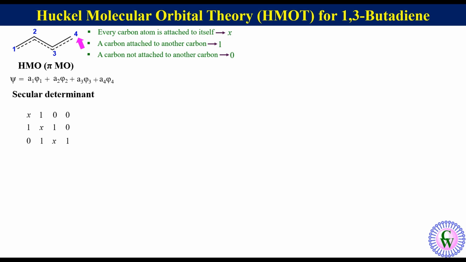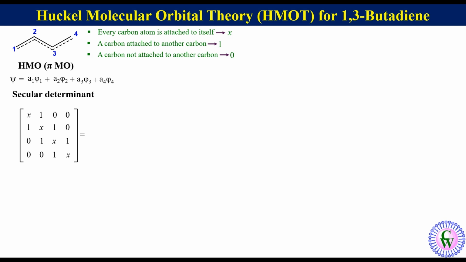If we consider C4, since C4 is not attached to C1, put 0 here. C4 is not attached to C2, so put 0 here. C4 is attached to C3, so put 1 here. And C4 is attached to itself, so put X here.